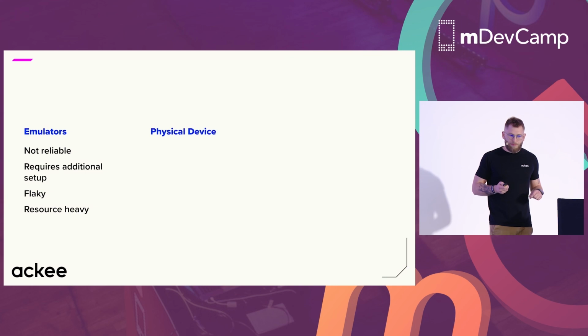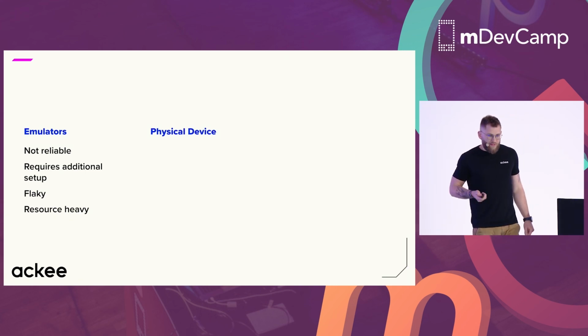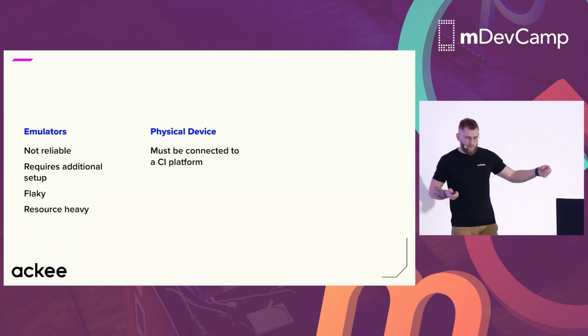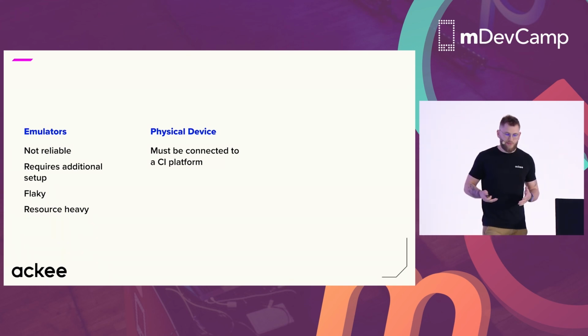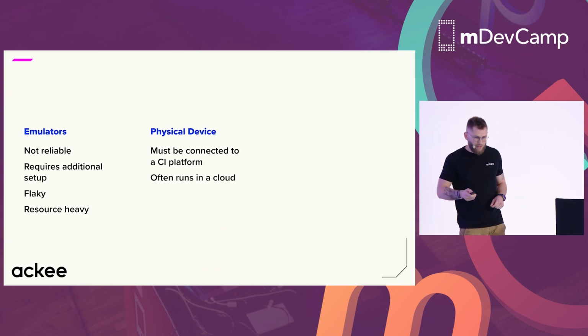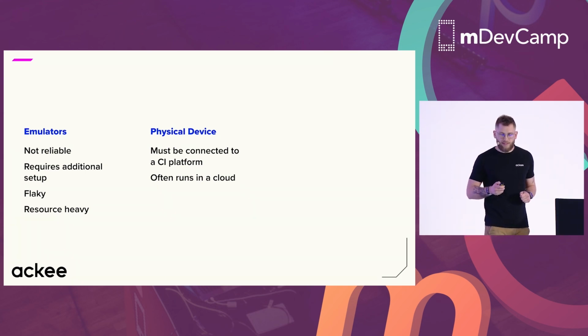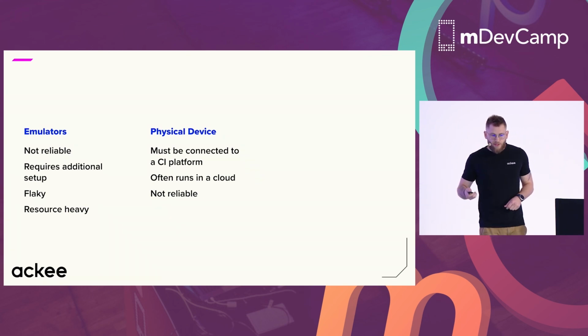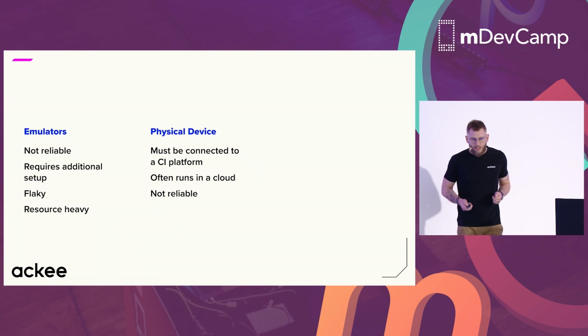Another option is to have a physical device which I connect to the server which runs our CI, and this device will be connected there all the time, and our screenshot tests will be run there. But usually the CI runs in a cloud, or you don't even have access to a physical computer that the tests run on. And also, it's not reliable because the operating system may restart and so on, so you would need to check it regularly.